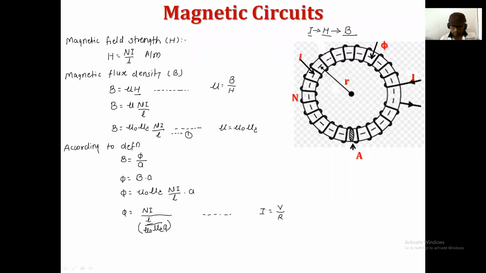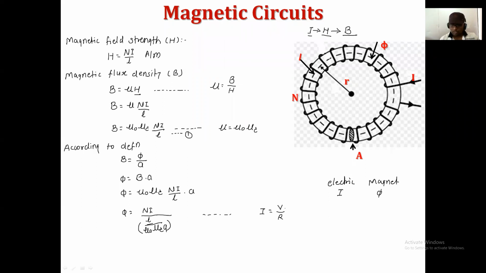Now how can you compare that? In the electric circuit and the magnetic circuit, in the electric circuit, what is the movable part? It's the current. Current is moving. In the magnetic circuit, what is the movable part? It's phi.